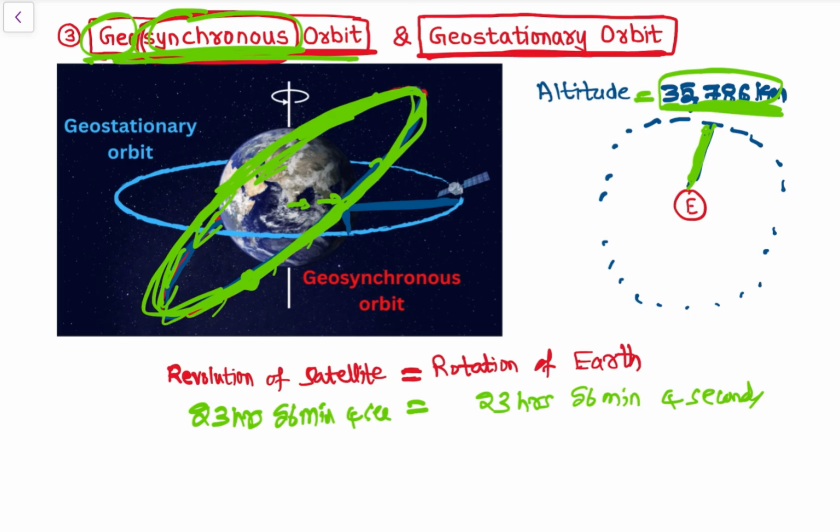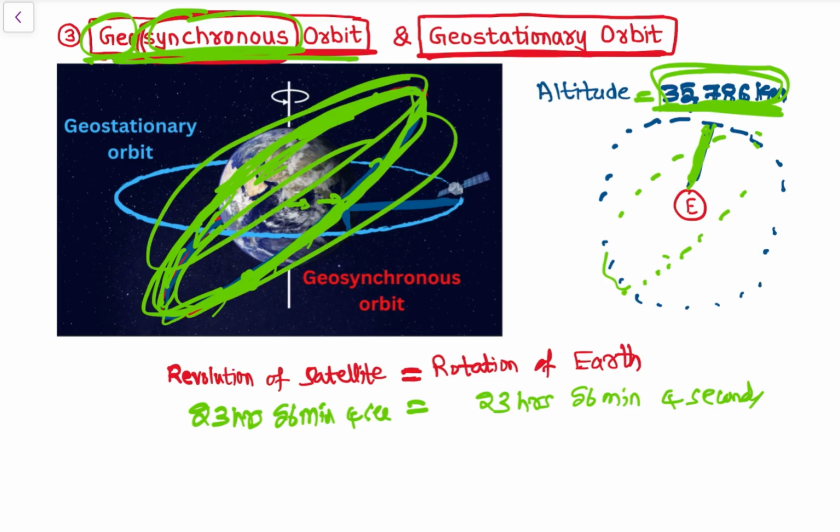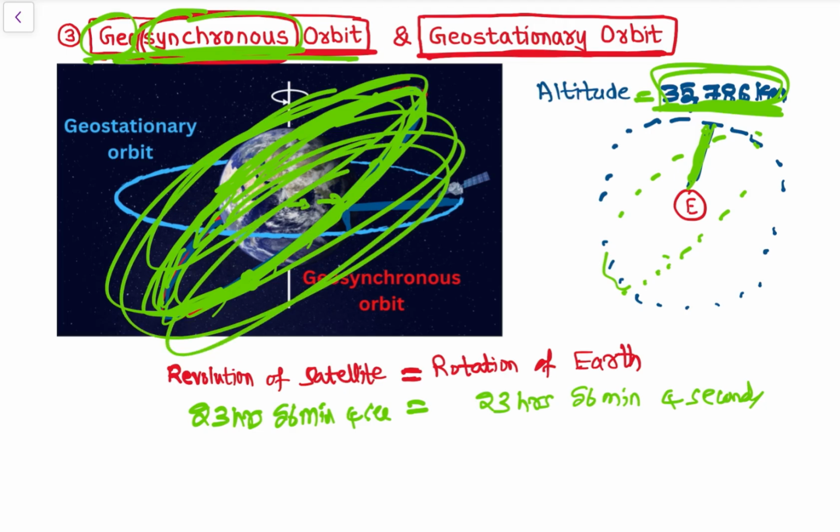A geosynchronous orbit is any orbit of the earth at 35,786 kilometers. There are many possible orbits, any n number of orbits which are geosynchronous at that height.